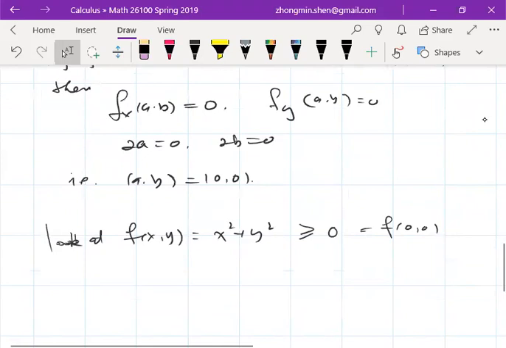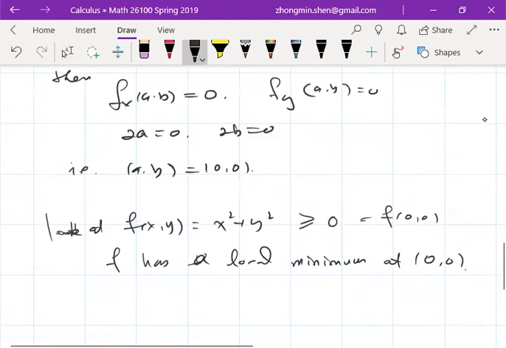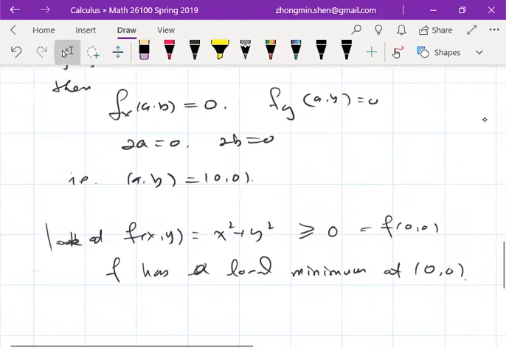So this implies that f has a local minimum at the point (0, 0). But what I did above just tells you that if the function has a local minimum or local maximum at some point, that point must be the origin. Actually, this is true, and you can see that from the function directly.